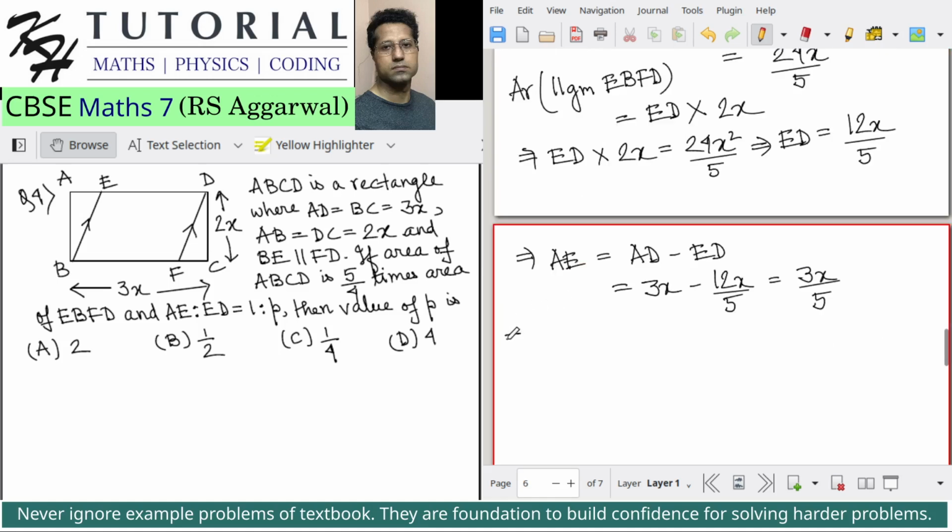So AE divided by ED is equal to 3x by 5 divided by 12x by 5. If you simplify this, it will be 1 by 4.